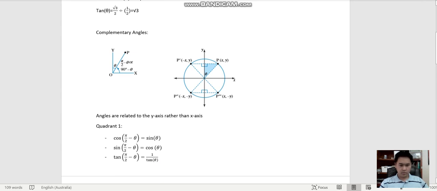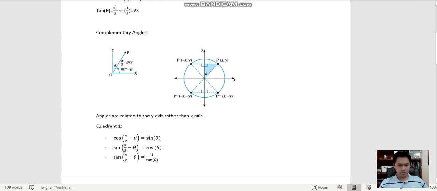These are the rules for quadrant 1. Cosine of pi over 2 minus theta equals sine of theta. Sine of pi over 2 minus theta equals cos theta. And tan of pi over 2 minus theta is 1 over tan theta. Intuitively it makes sense. If we have this triangle on the left, and this part is theta, cosine is adjacent over hypotenuse.